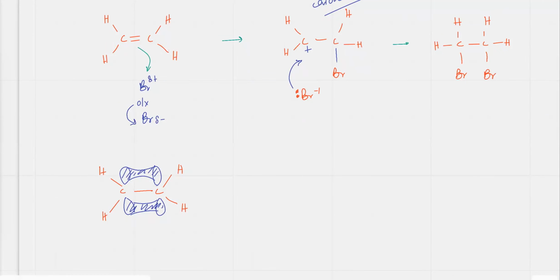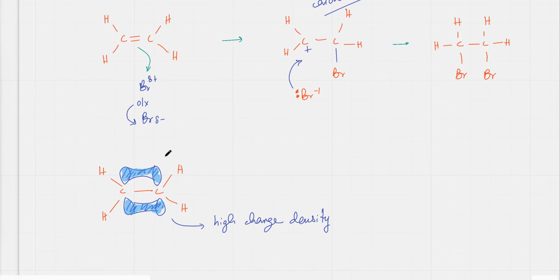Okay, and this pi electron cloud has a very high electron density. So there's lots of electrons over here. So it's got a high charge density, because all the electrons are concentrated in this small region over here.